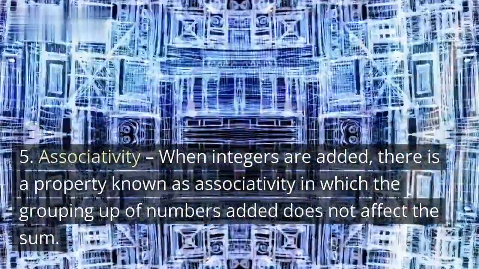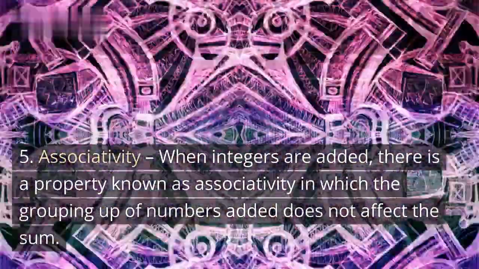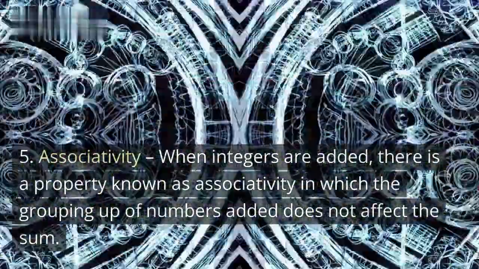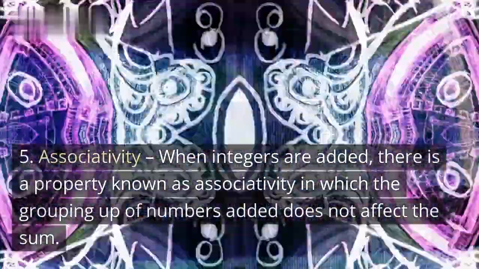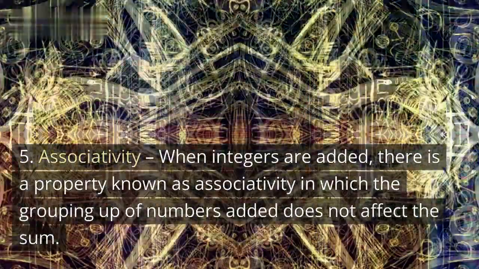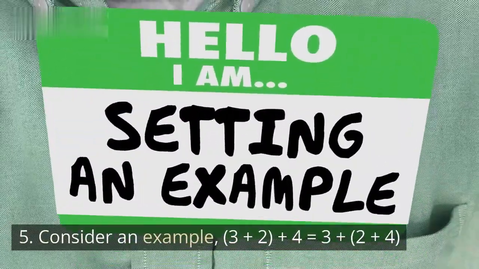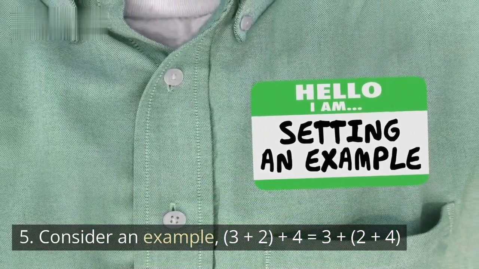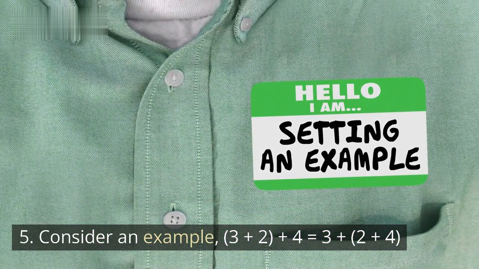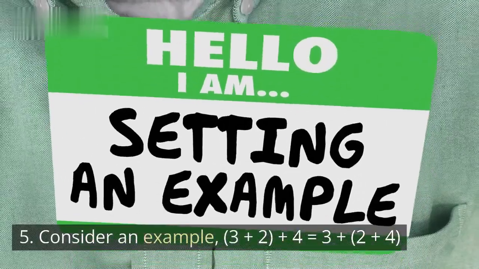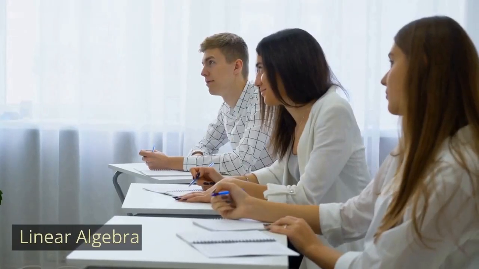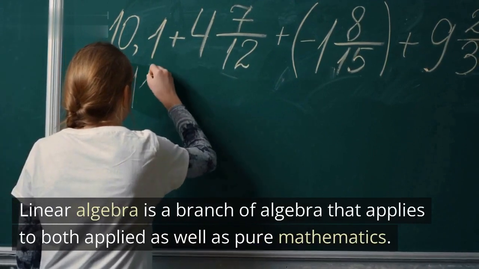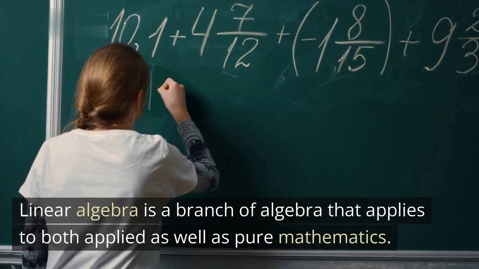5. Associativity. When integers are added, there is a property known as associativity in which the grouping of numbers added does not affect the sum. Consider an example: (3 plus 2) plus 4 equals 3 plus (2 plus 4). Linear algebra. Linear algebra is a branch of algebra that applies to both applied as well as pure mathematics.